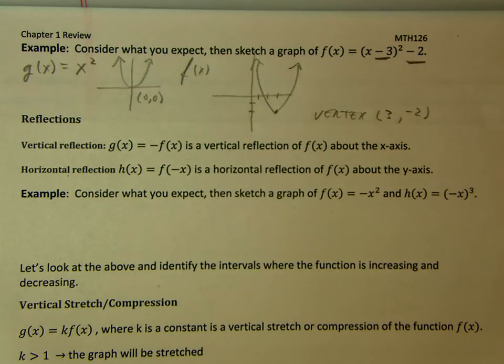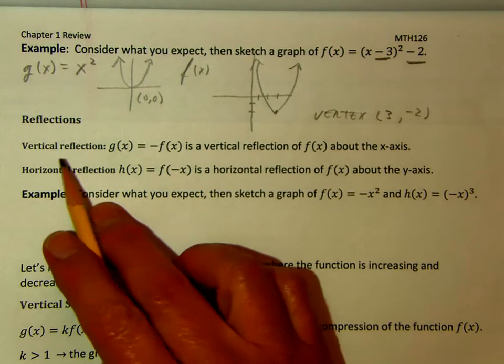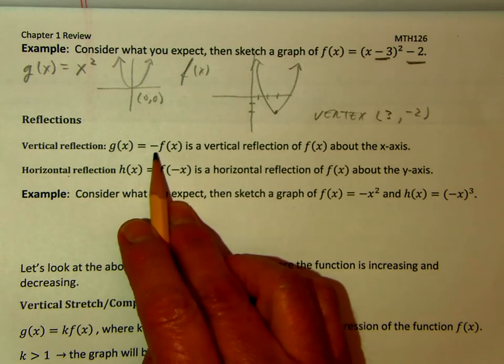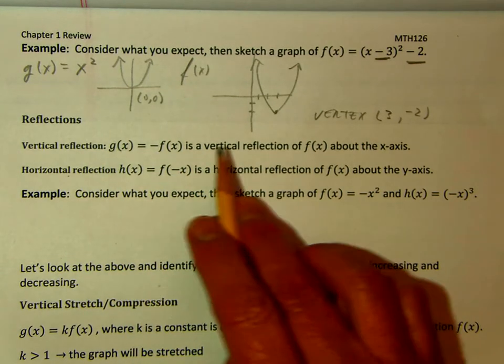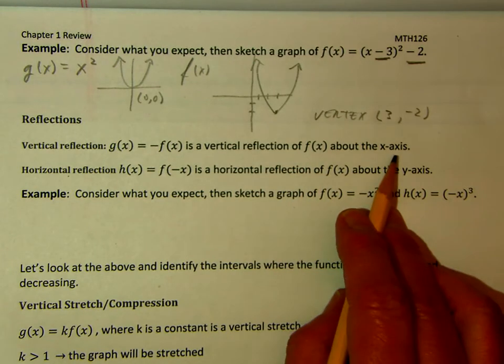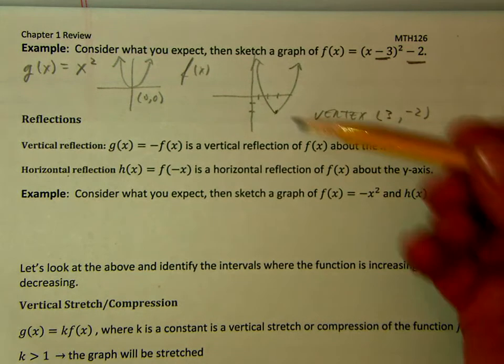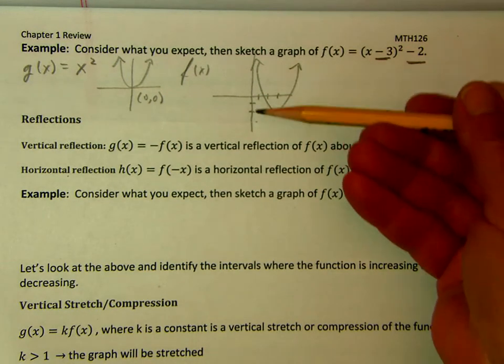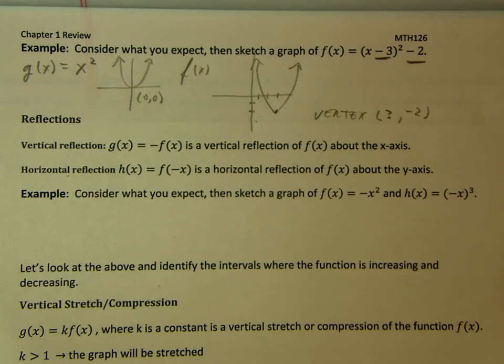Let's talk about reflections. Vertical reflection. G of x equals negative f of x is a vertical reflection of f of x about the x-axis. So that means we expect it to be reflected around the x-axis.